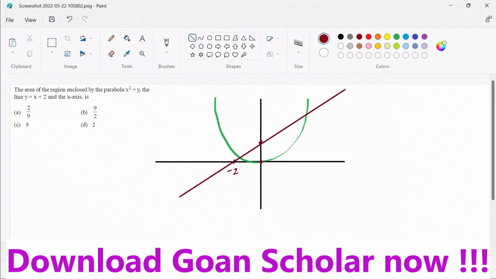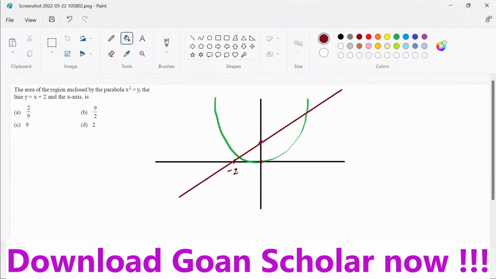So we have joined our 2 points and have to find the area of the region bounded by this. Now be very careful here. We have to find the area of the region bounded by the parabola and the line, not with the parabola and the coordinate axis, not with the line and the coordinate axis.